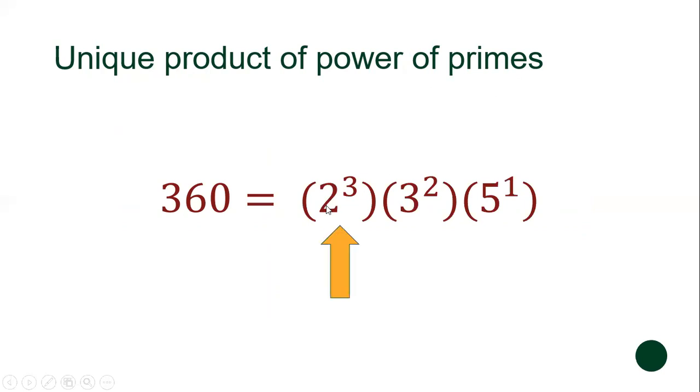So 2, 3, and 5 are prime numbers, and 360 is a product of powers: 2 raised to 3 times 3 raised to 2 times 5 raised to 1. So these are unique products of power of primes.